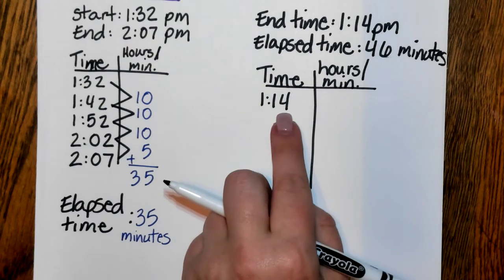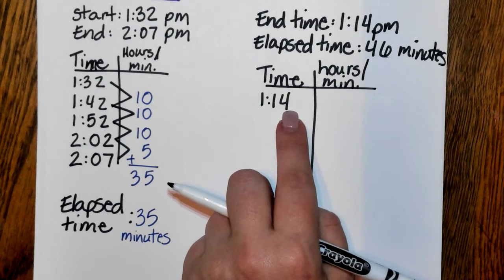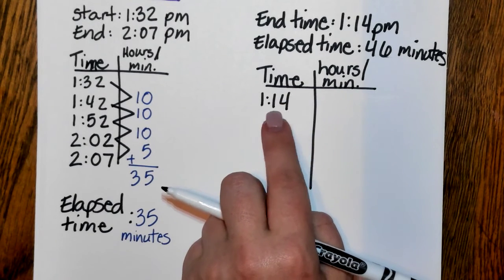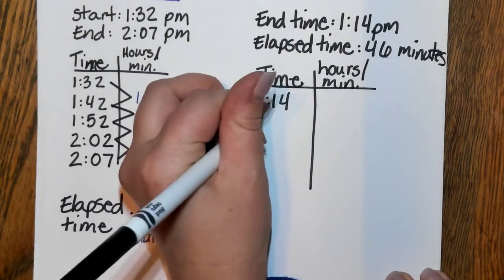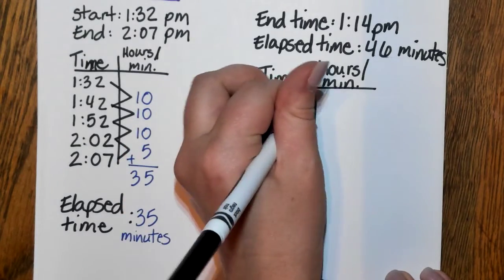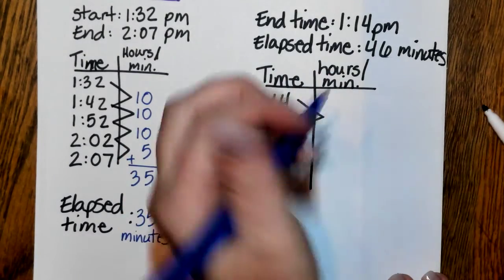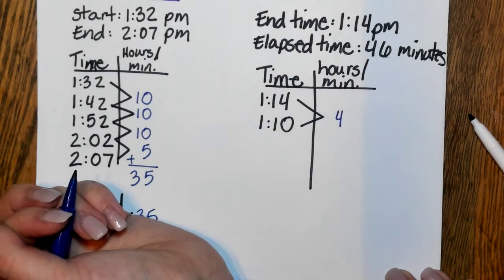And the first jump that I'm going to make is to get rid of that 4 because I like jumping in groups of 10. So let's go backwards 4. If I go backwards 4, I'm at 1:10. That was 4 minutes.